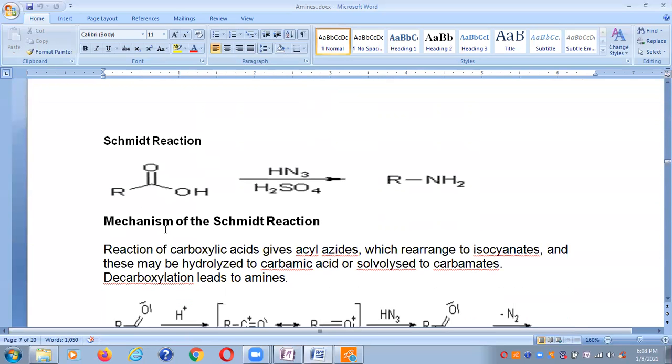Next one, Schmidt reaction. It is also an extension of the Hofmann bromamide reaction. Here the carboxylic acid reacts with hydrazoic acid.